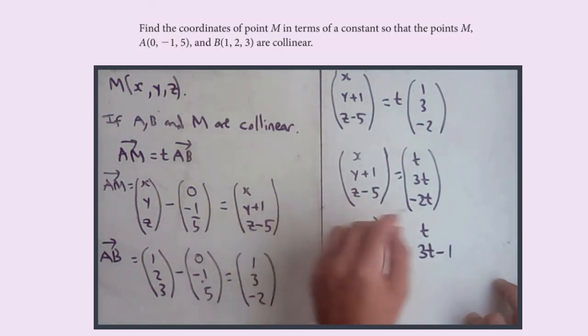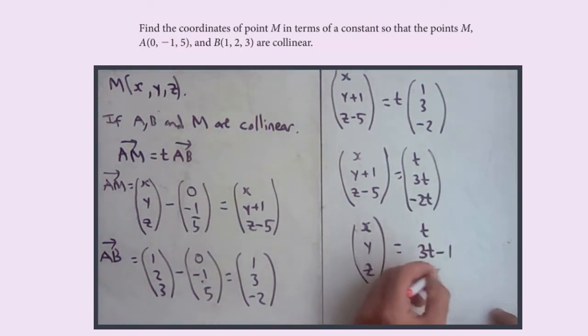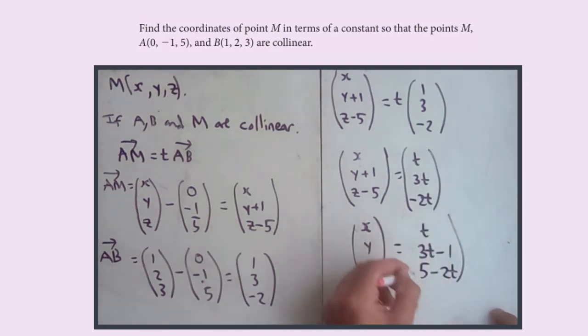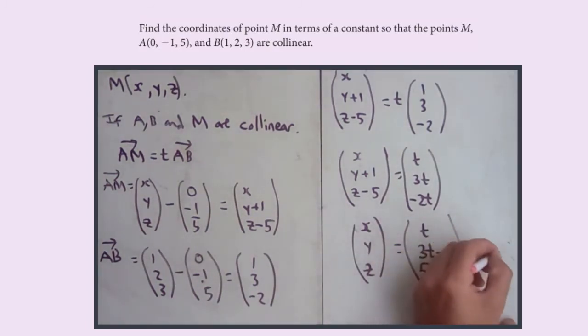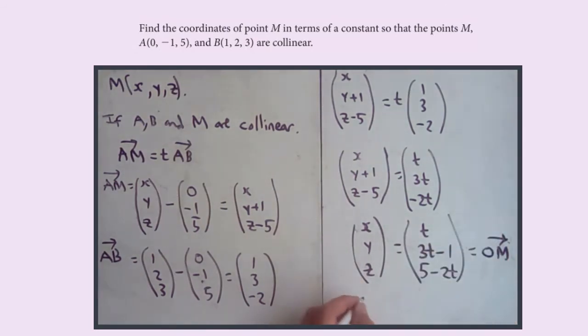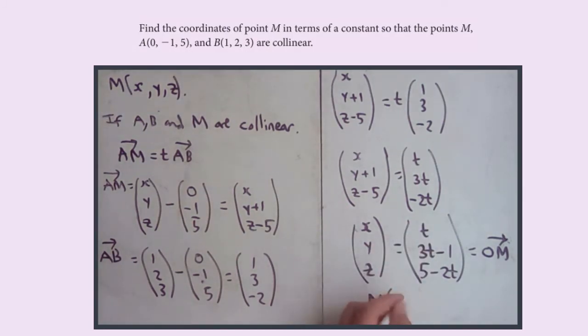And z minus 5 is minus 2t, so z must be minus 2t plus 5, which is the same as 5 minus 2t. Okay, so that is the position vector of M, which is OM. So the coordinates of M in terms of the constant being t are t, 3t minus 1, 5 minus 2t.